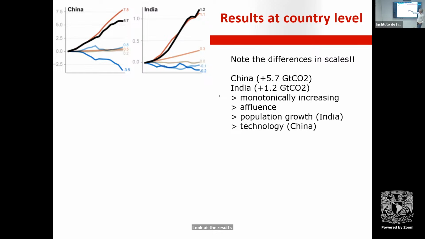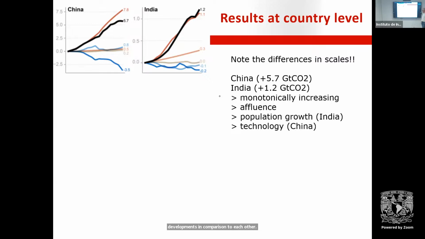So you should realize that the graphs are of equal size, but the numbers on the axis are different. So this graph goes up to 5 gigatons, and for India, only 0.5 gigaton. But it's not so much the size or the numbers that matter, it's the developments in comparison to each other.